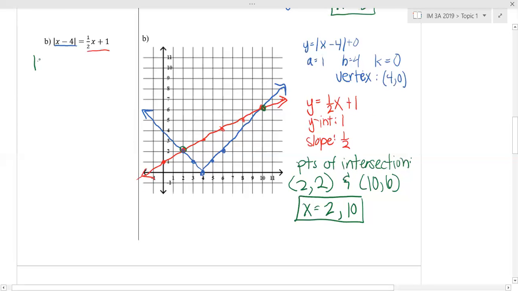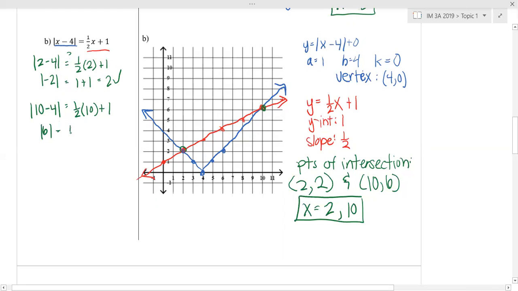So the absolute value of 2 minus 4 should be equal to 1/2 times 2 plus 1. If we simplify each of these, that's the absolute value of negative 2. And then that is 1 plus 1. And so notice that both of these values equal 2. So that's good. Our answer 2 is good. If we do the same thing with 10, the absolute value of 10 minus 4 equals 1/2 of 10 plus 1. 10 minus 4 is 6.